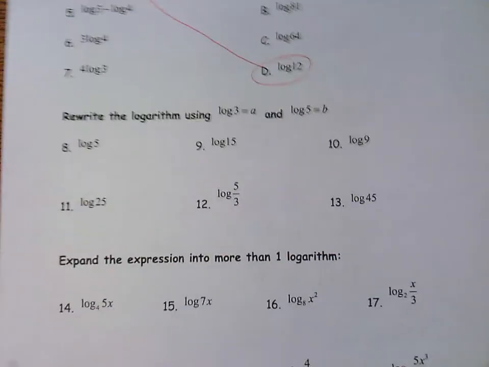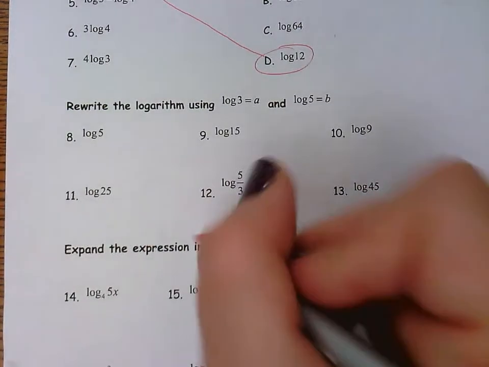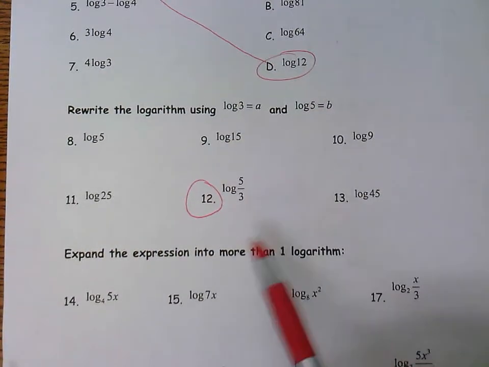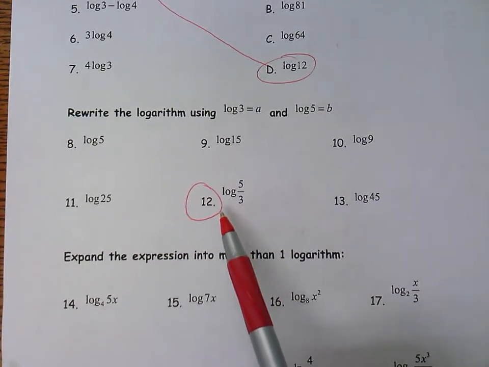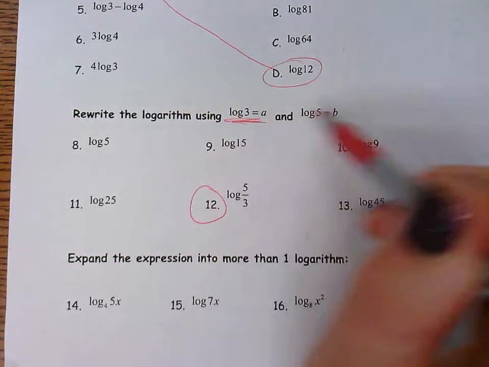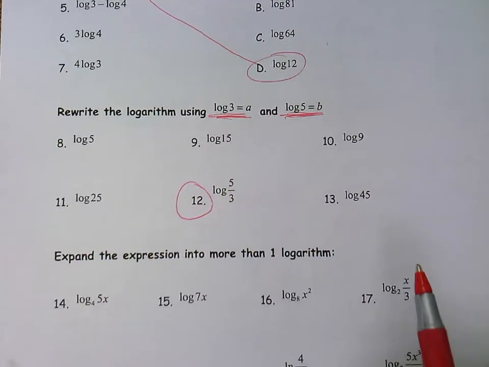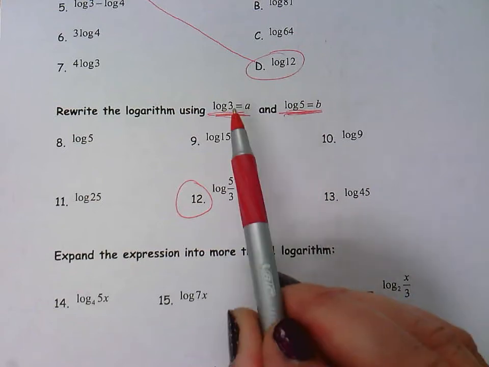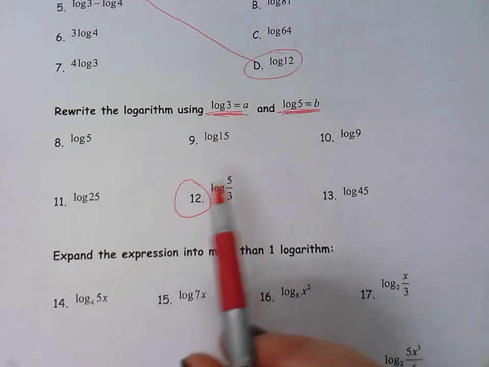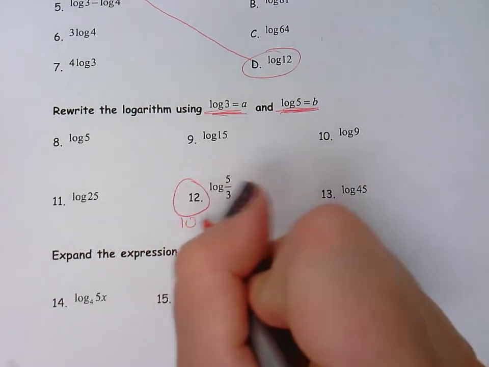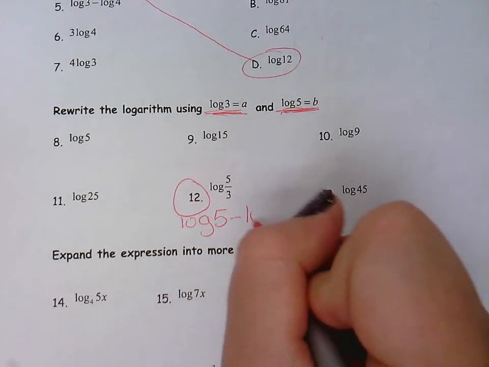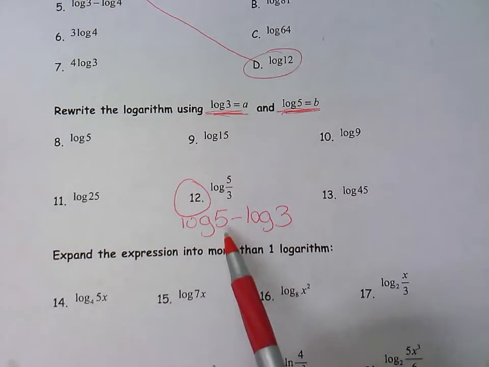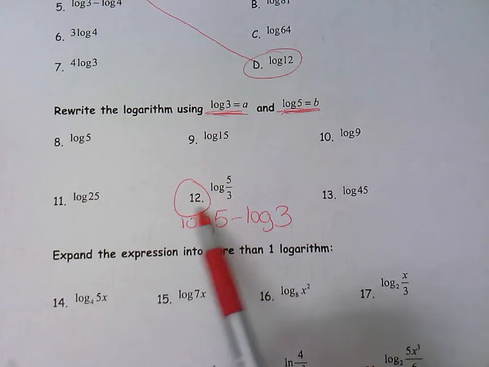If you skip down to number 12, for example, they want you to represent number 12 only using these 2 terms up here, just the log of 3, just the log of 5 as A and B. So your first step would be to rewrite this. This is the log of 5 minus the log of 3, right? So how do I represent the log of 5?